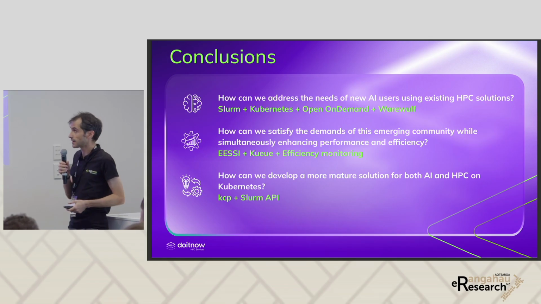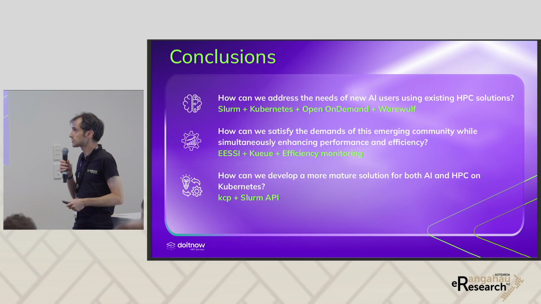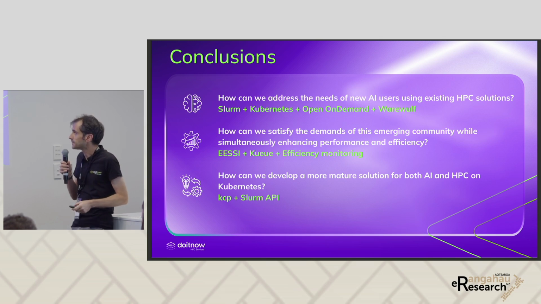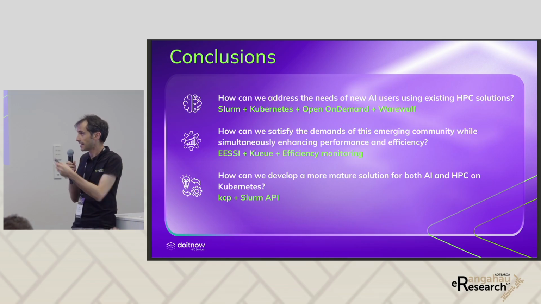So to conclude, I tried to describe how our solution can address the needs of both HPC and AI users by combining Slurm and Kubernetes, exposing all of these services in a unified pane of glass with Open OnDemand, and how we can maximize the performance of this type of platform at all levels, from the application down to the cluster, by combining EESSI, capable scheduling solutions, so Slurm plus Kueue, and proper efficiency and cluster monitoring.